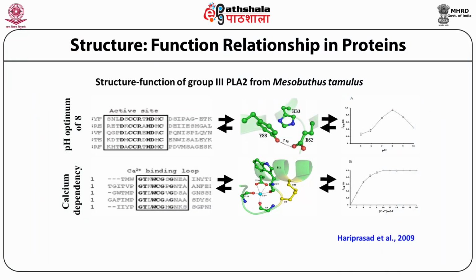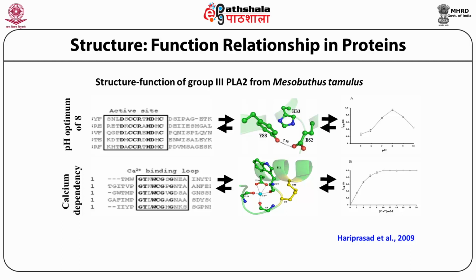An important use of protein structure prediction is to understand the structure-function relationship in proteins. I have provided an example of the structure-function relationship of a group 3 phospholipase A2 from the scorpion Mesobuthus tamulus. As you can see, the primary sequence has the inherent active site motif that translates to the three-dimensional arrangement of residues that helps in catalysis, which in turn dictates the function at a particular pH.